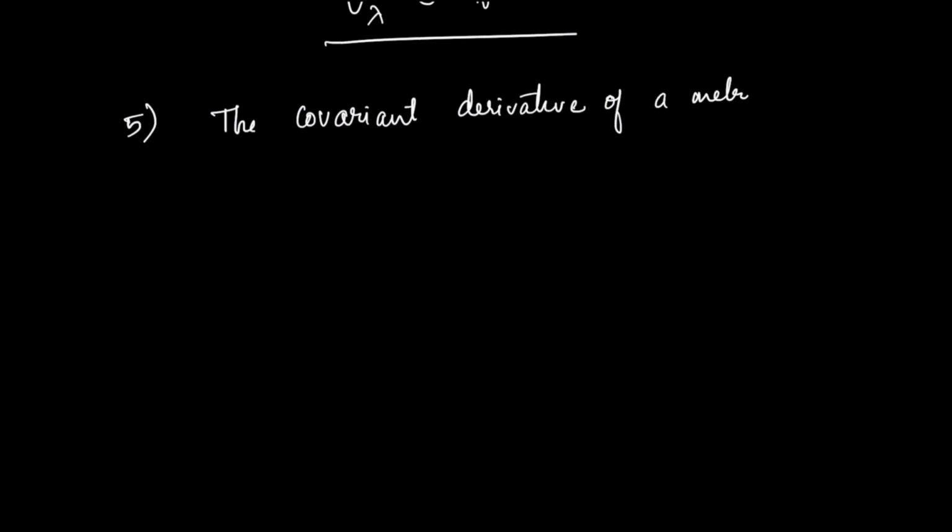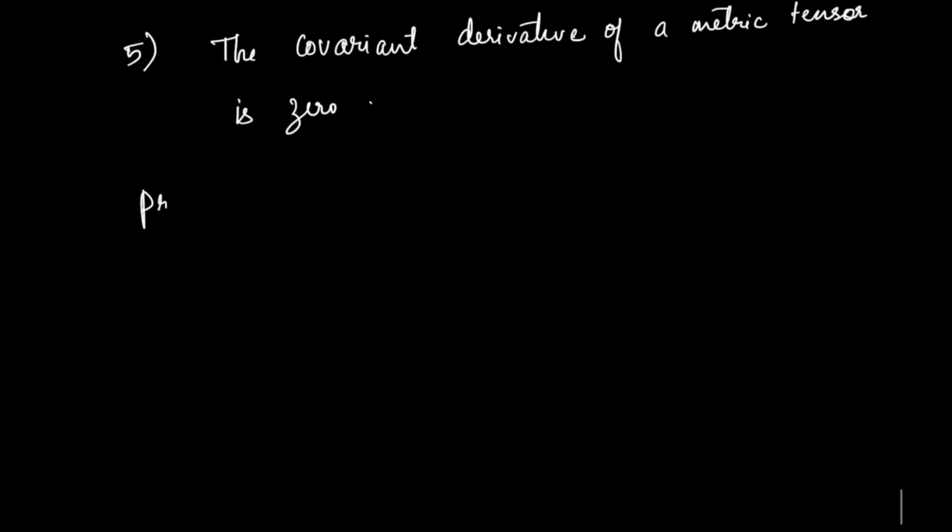The next rule says that the covariant derivative of a metric tensor is 0. So we'll have a look at the proof.